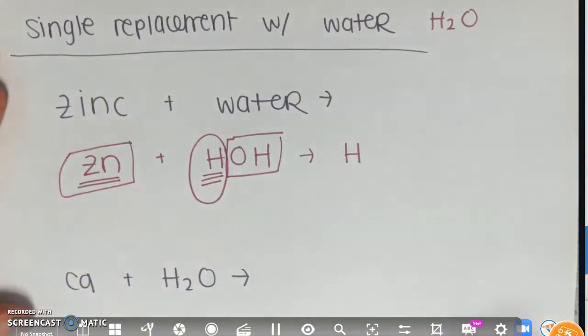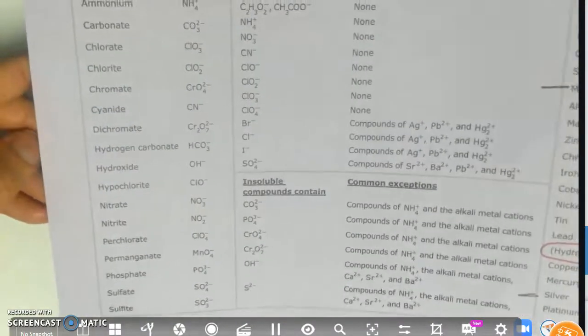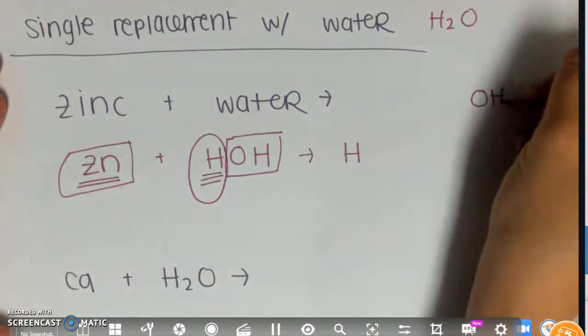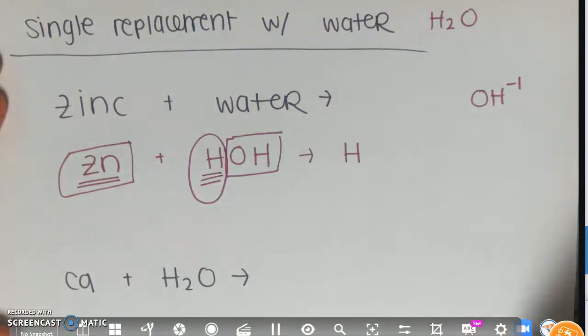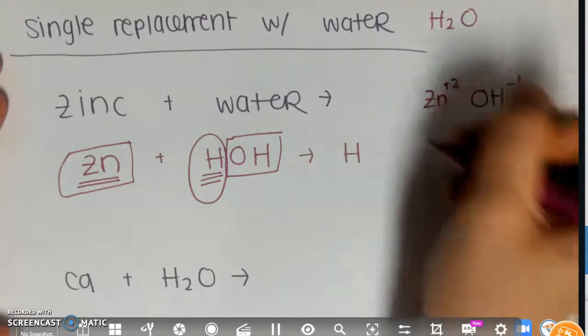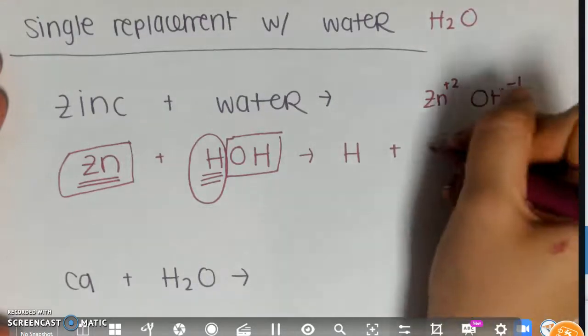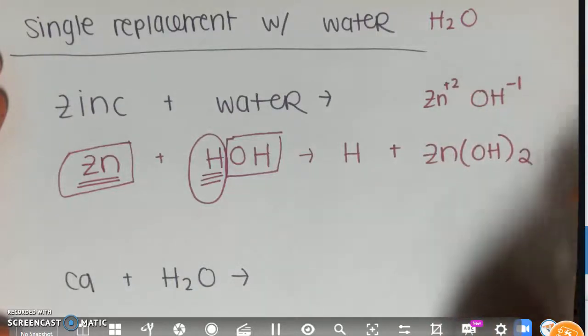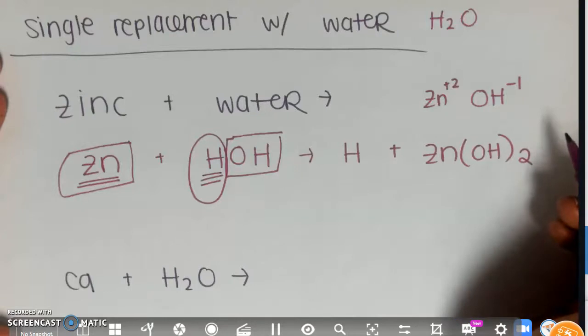Now, hopefully OH, you recognize by now, is a polyatomic ion. It is hydroxide. And OH has a charge of -1. Zinc, you need to know, has a charge of +2. And so that formula would be Zn(OH)2.